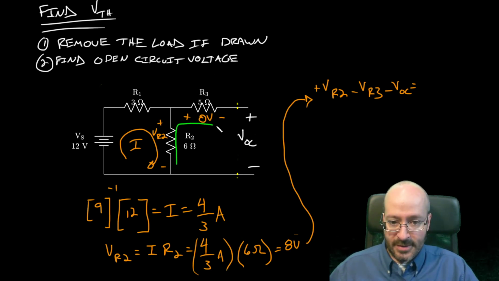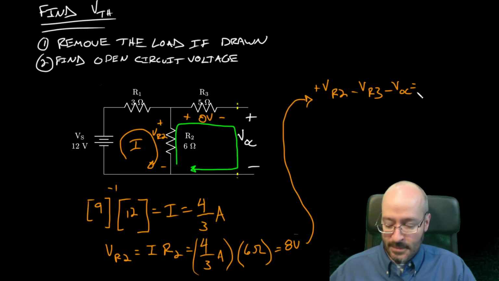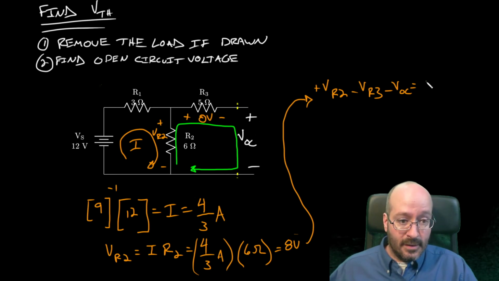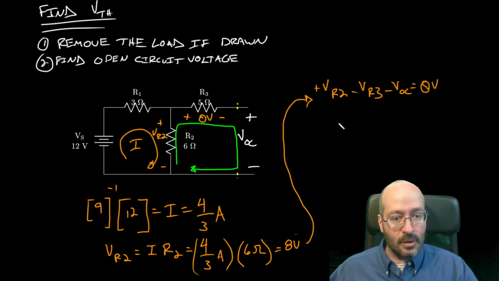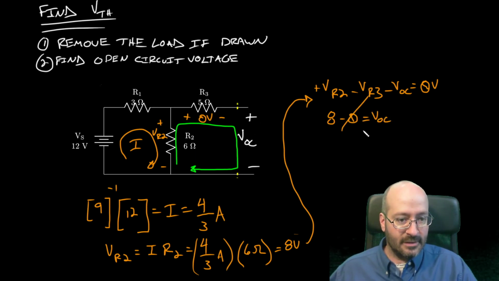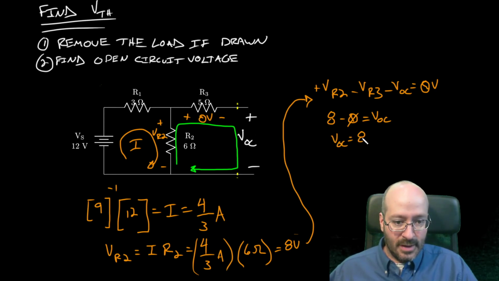So I'm going around here, writing a KVL around that loop, and I'm back to where I started, so that's equal to 0 volts. So if I go up 8, I go down 0, and then I bring V open circuit over to the other side, we can see that 0 drops out. Okay, then we have V open circuit is equal to 8 volts.